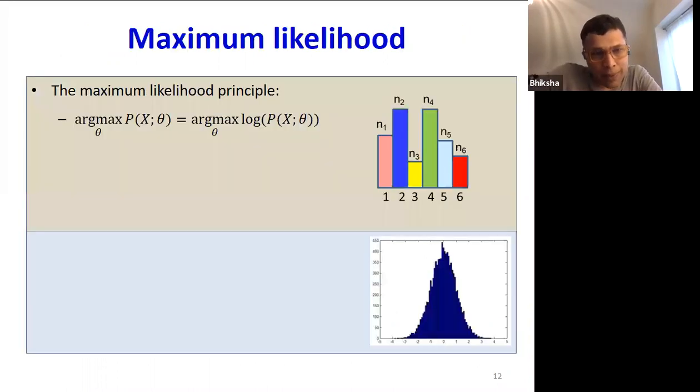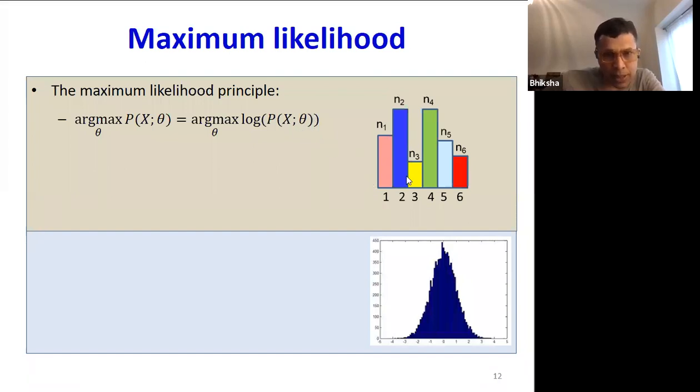So let's apply this to a couple of different examples. Say multinomial distribution. Someone rolled a die, and here are the outcomes we got. Now, the maximum likelihood principle says you have some data X that you have observed. You assign some parametric distribution with parameters theta to it.